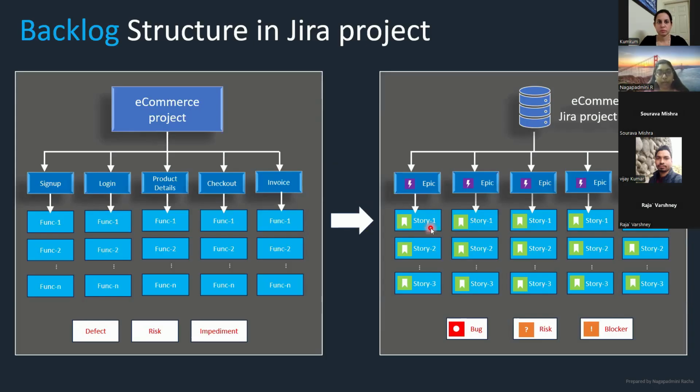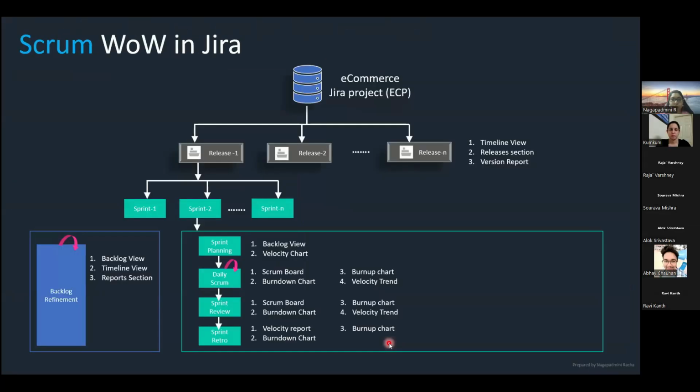You do it as a story. But when you have a one-time activity, like cutover activities for your production, then you may use a task issue type. Whenever you have a defect, you use bug, and whenever there is a risk and blocker, use the appropriate types.